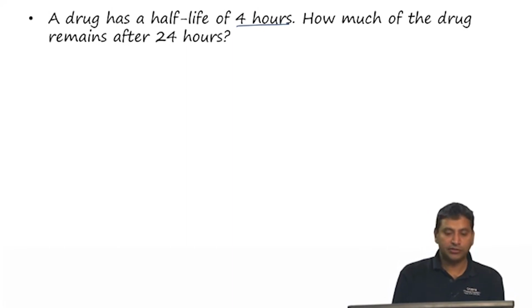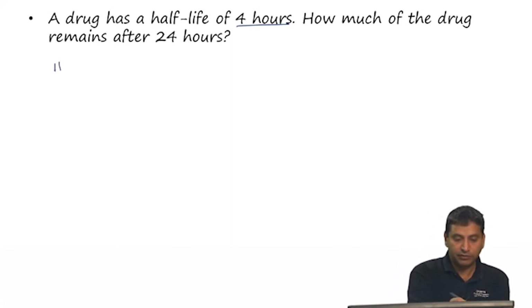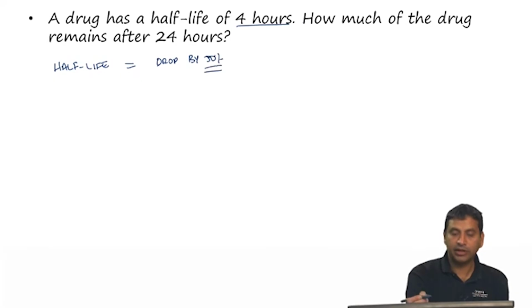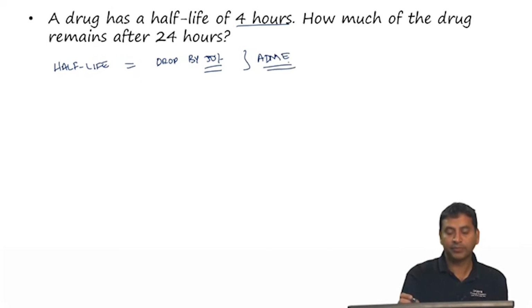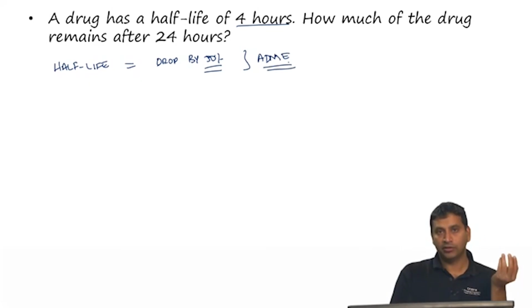In order to address this question, let us look at half life. Basically, half life is the time taken for the drug to drop by 50%. This can happen through any of the ADME processes. So, the absorption can occur, distribution of course is going to occur, metabolism and excretion.